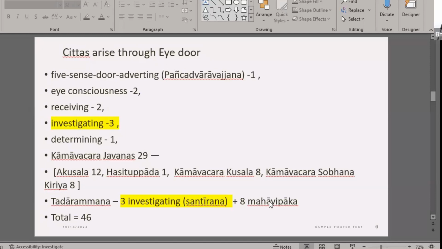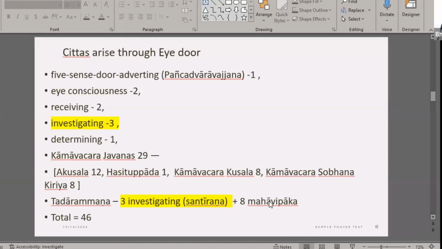How many altogether? There are 29. 12 akusala, 1 hasituppada, 8 Kamavacara kusala or Mahakusala, 8 Kamavacara sobhana kriya or Mahakriya. Altogether there are 29 Kamavacara Javana Chittas.